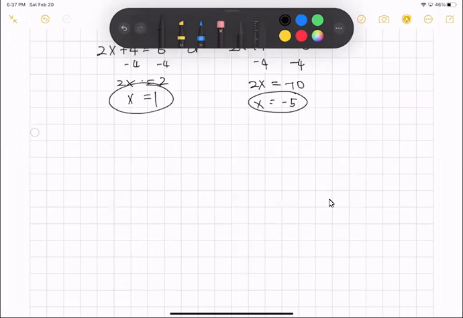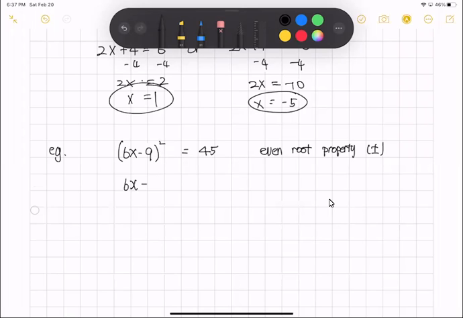Let's do another one. So I have 6x minus 9 squared equals 45. Now we use the even root property. We know that we're going to have a positive and negative solution. When we square root both sides, on the left, we have 6x minus 9 equals positive and negative square root of 45.